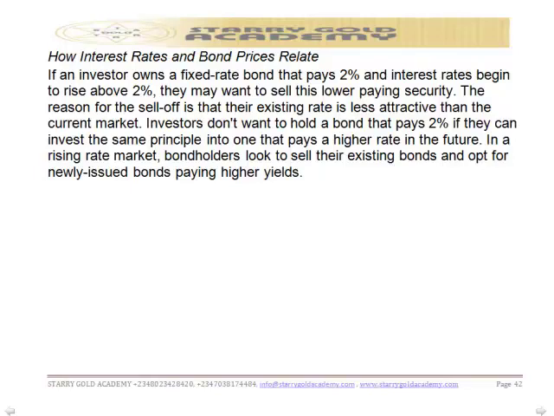So when the glut of bonds increases, the price of these bonds will drop, and as bonds sell off, the price falls. The investor may wait for rates to stop rising before getting back in the bond market by buying the higher yield security.